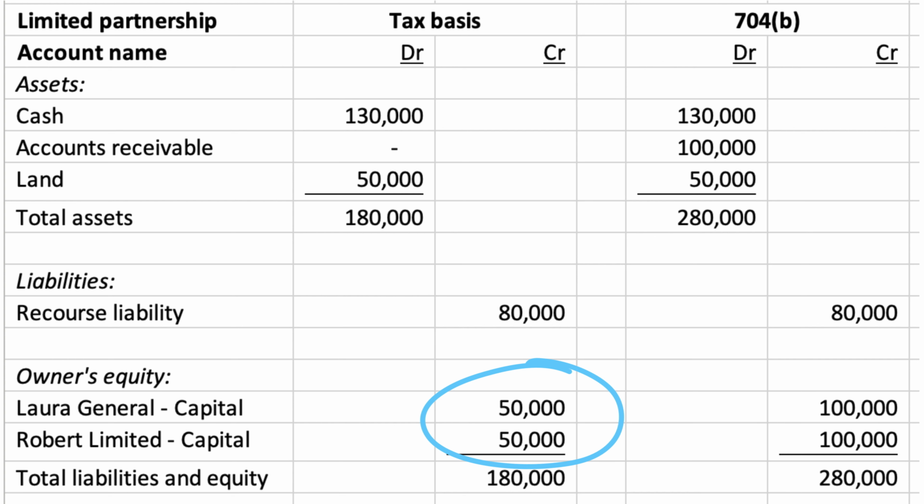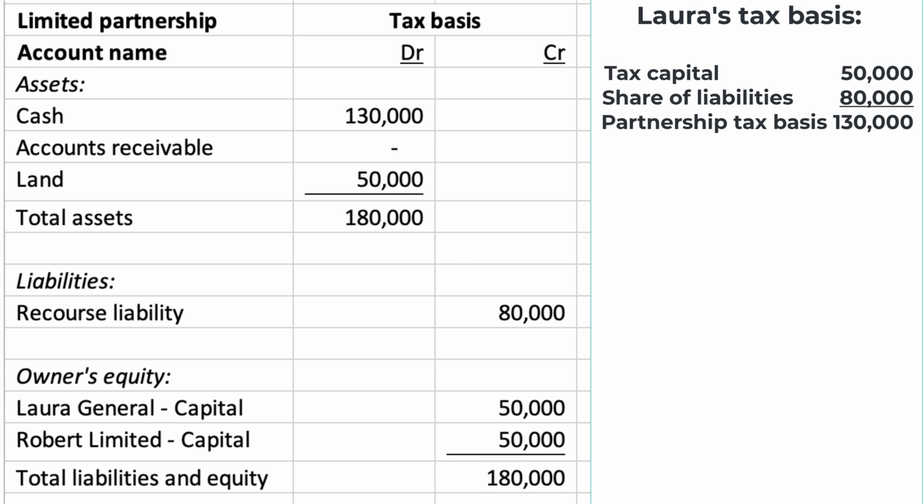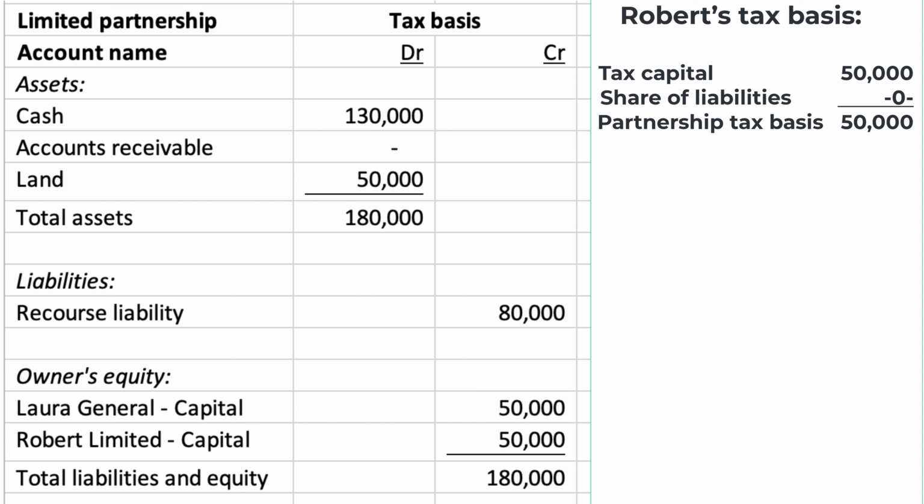So, Laura's tax basis in the partnership interest is $130,000, which is the $50,000 tax basis capital account plus all $80,000 of the liabilities. Robert's tax basis in the partnership is only his tax basis capital account of $50,000.